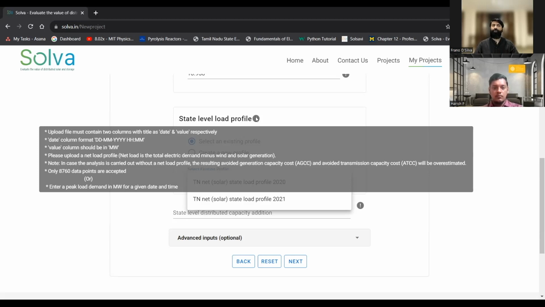Again, the format remains the same. You will have two columns, date and value, date having the time and date format, and value in megawatt.